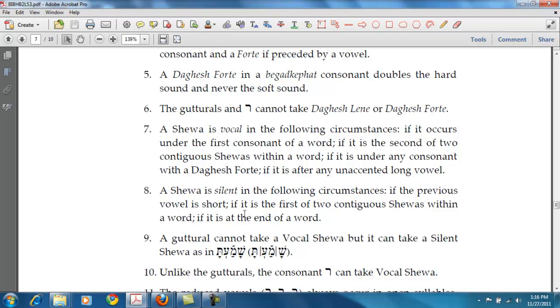And if it is at the end of a word, which we saw with the katavt, to write, you write, and that's the only exception there. Now, a guttural cannot take a vocal shewa, but it can take a silent shewa, as in shamata, shamata. So it can't be vocal, but it can be non-vocal under a guttural.